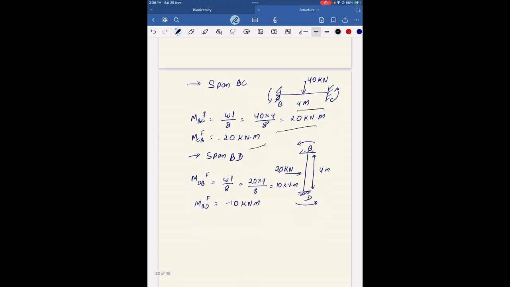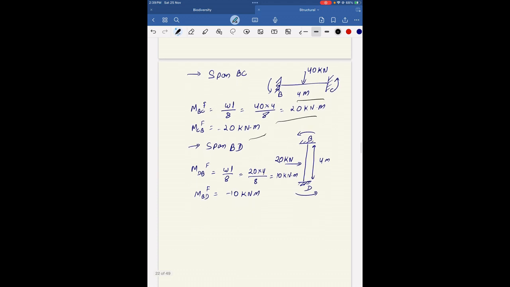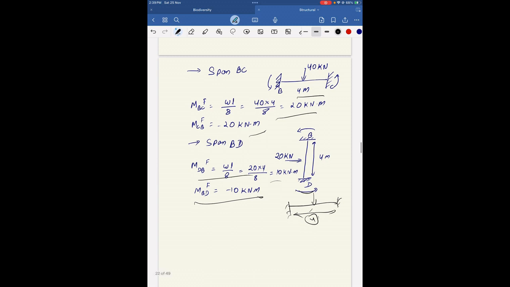In span BD it is vertical and moment is applied there, so we rotate this, we see that being like this only, but it is rotated 90 degrees. So through taking this only we will calculate the fixed end moment, and at D fixed end moment is negative, and at B it is positive.